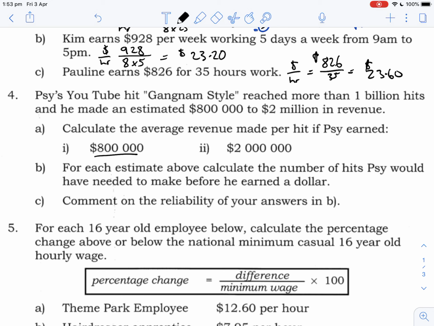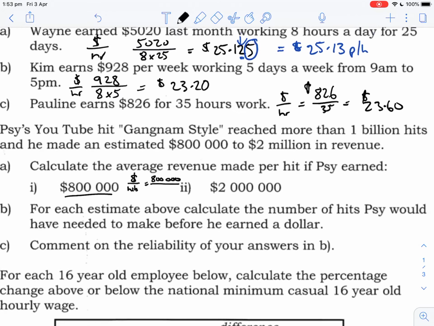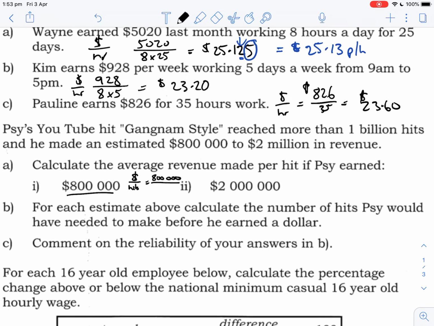So if we want dollars per hit, then the maths is the same. Every time we say that to ourselves, if that's what I want, dollars per hit, then it's dollars, that fraction line. Think of that as being a per, and I want the hits on the bottom. So in this case, my dollars is the 800,000 per, so divide by the hits. How many hits did they say? 1 billion hits.